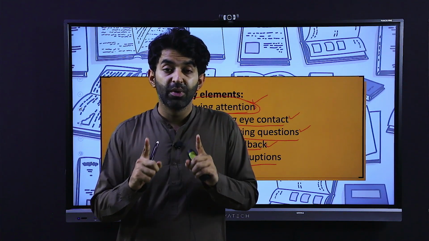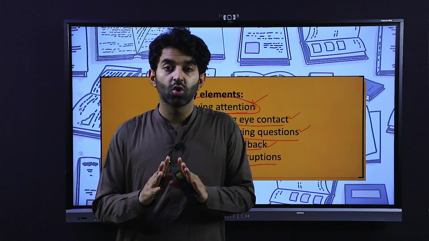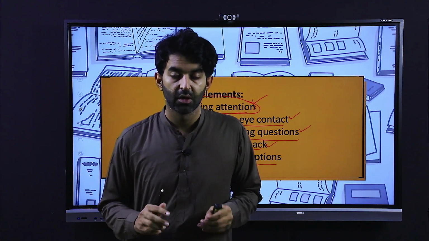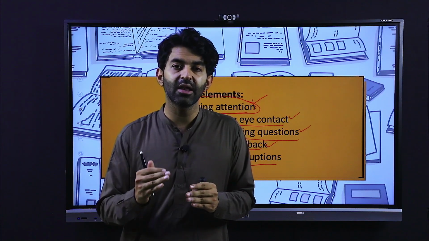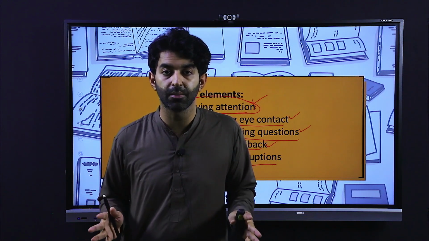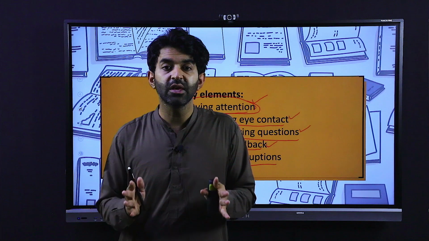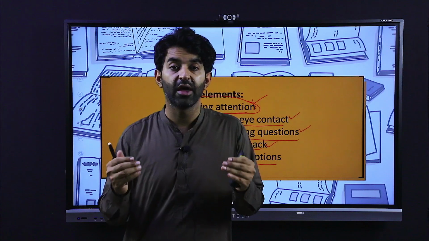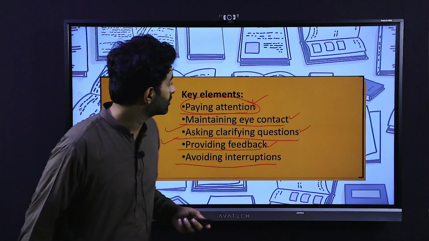So be very attentive. Do not do all these things if you want to be a good communicator. So I hope that next time when you're attending a lecture, a seminar, a function, a speech, even a discussion or a debate, you follow these protocols, these rules of being a very good and attentive listener.